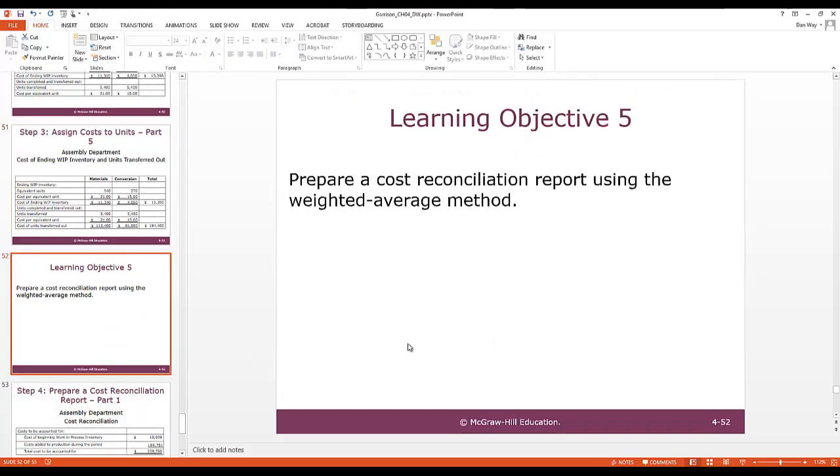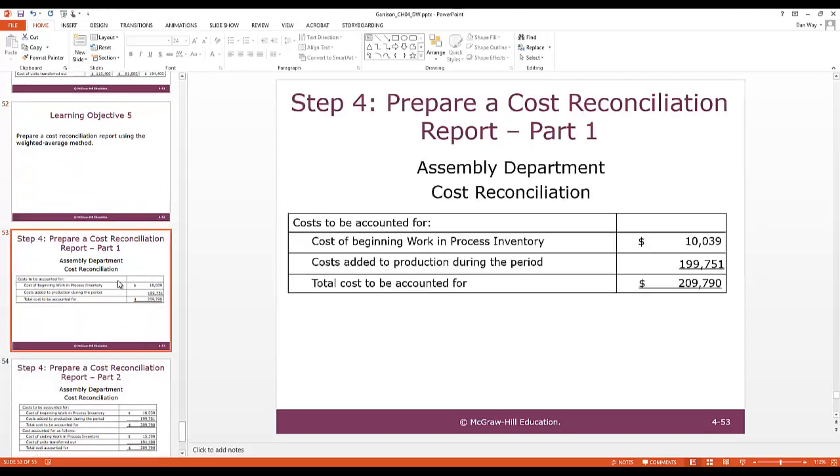Our last piece here, learning objective 5, is to prepare a cost reconciliation report, again using the weighted average method. The first thing we want to do is figure out our costs to be accounted for. So in that particular subtotal, we have the cost of beginning work in process, so the cost associated with things that weren't finished at the beginning of the period, still sitting in WIP.